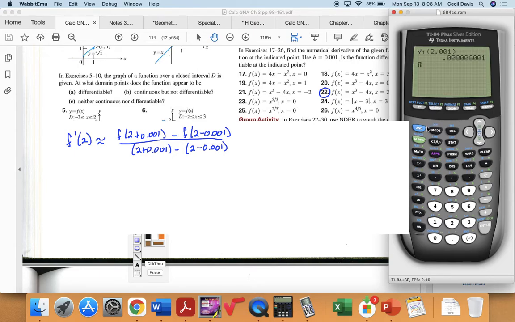So let's go back to the graph, and let's trace this to 2.001. Was that the number I had? 0.008006? Oh, hey, look at that. So I can actually do this whole calculation on my calculator. You can actually get to the variables quicker by doing alpha trace.